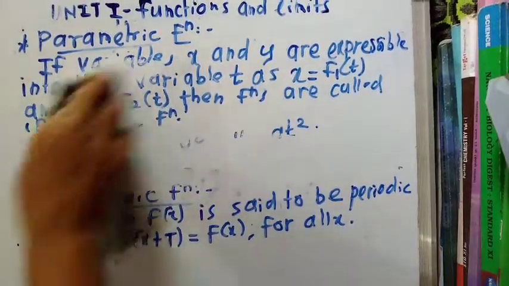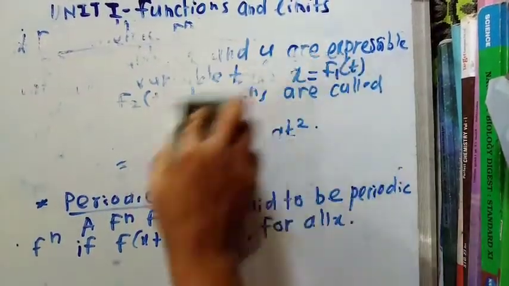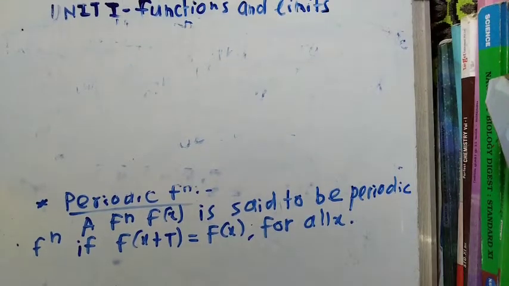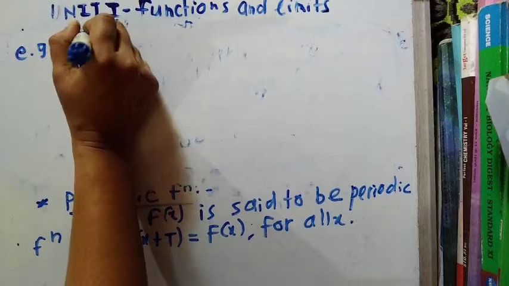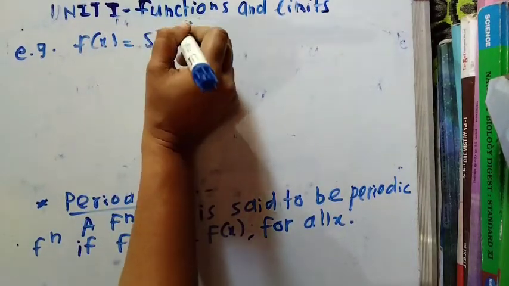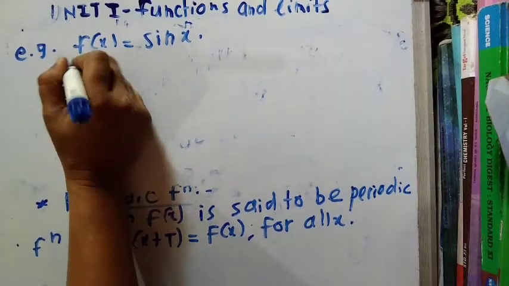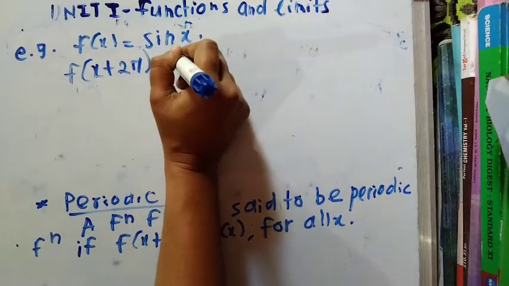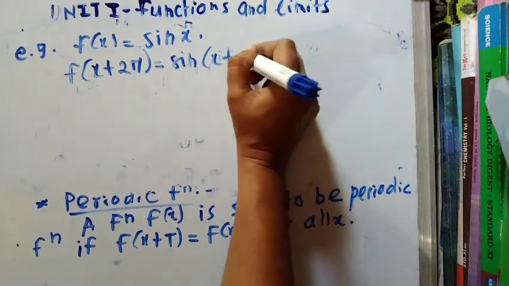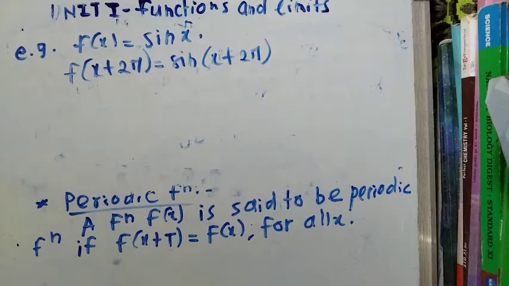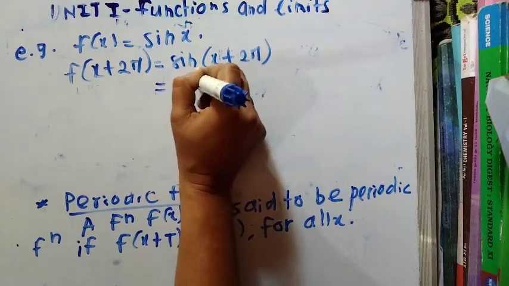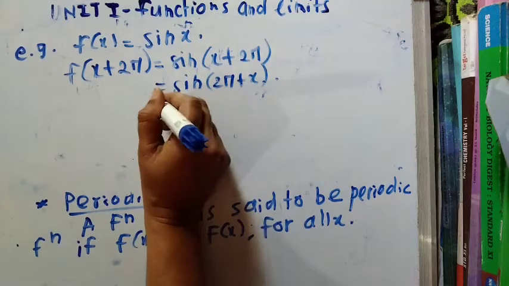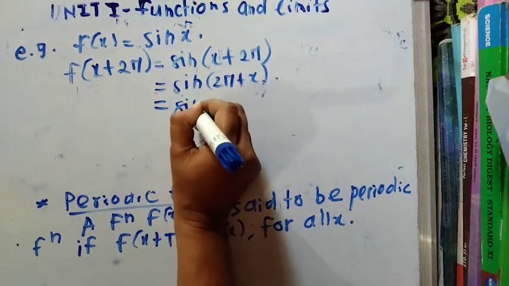Here example, suppose f of x is equal to sin x, then f of x plus 2 pi means sin of x plus 2 pi, which is equal to sin x, since sin of 2 pi plus theta is equal to sin theta.